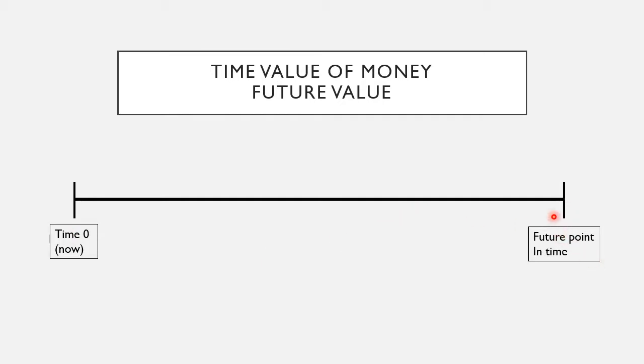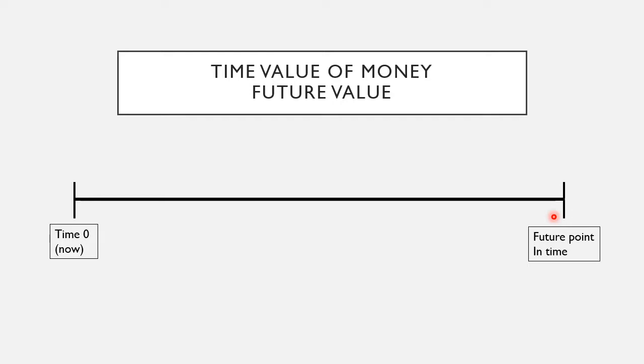Now, time value of money is based on the fact that if I offer you $1 today, or the same dollar next week, virtually everybody's going to opt for the dollar today, right? Because money today in the same amount is worth more than money in the future.